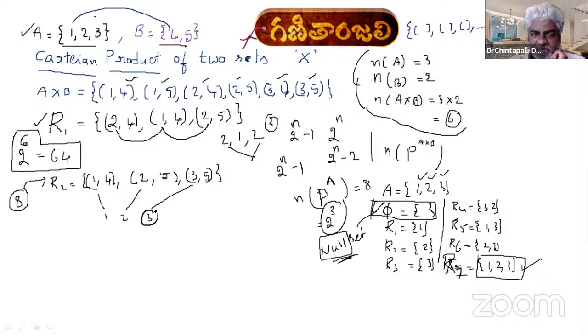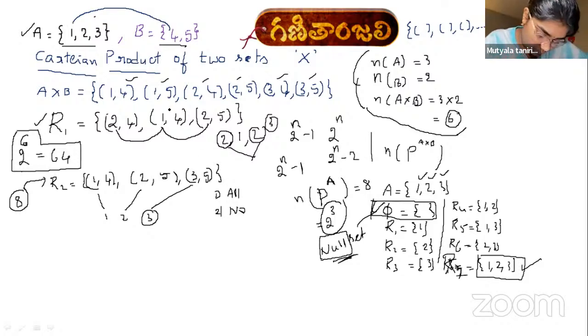And here no element is repeated, but in R1, 2 is repeated. This subset has 2 properties. The first property is use all elements. The second property is no repetition. It's all about the first set only. We are not talking about the second set.